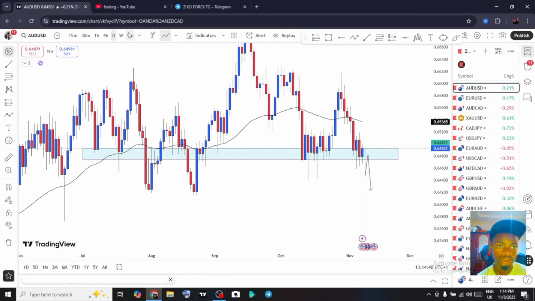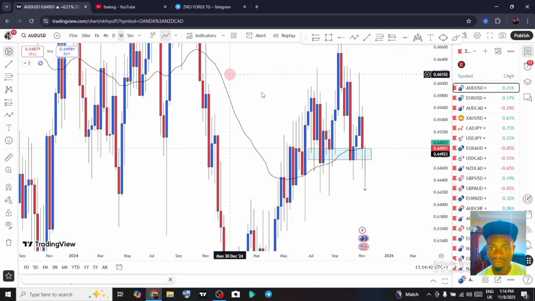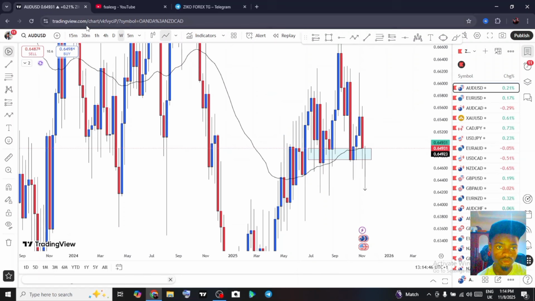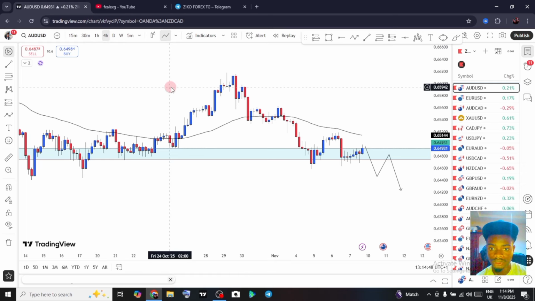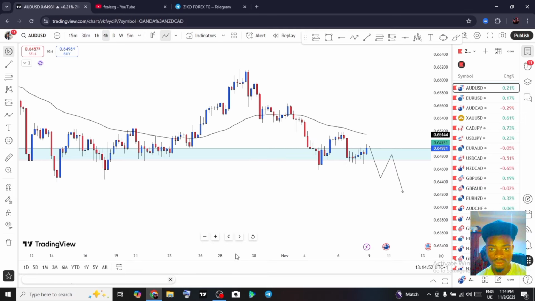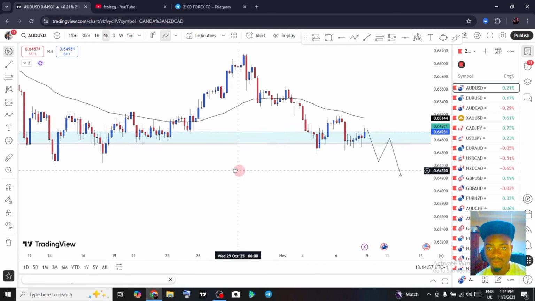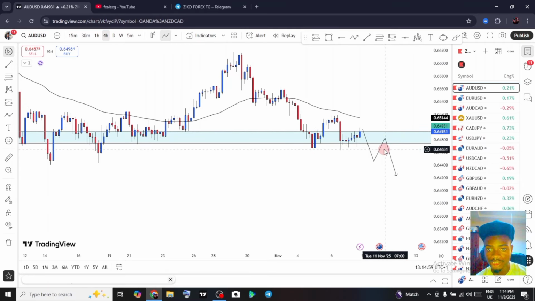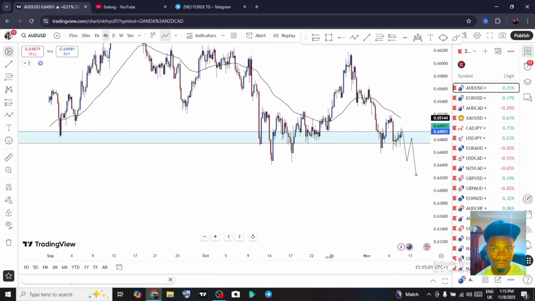Yes, bearish. Weekly time frame is also bearish, right? Also bearish. Then 4-hour time frame is also bearish, right? And now we are still above the area. That's why we are looking for a break and retest under to continue selling, right?